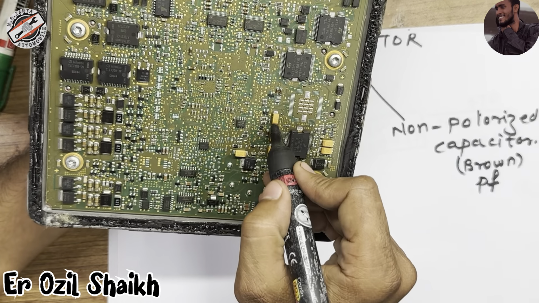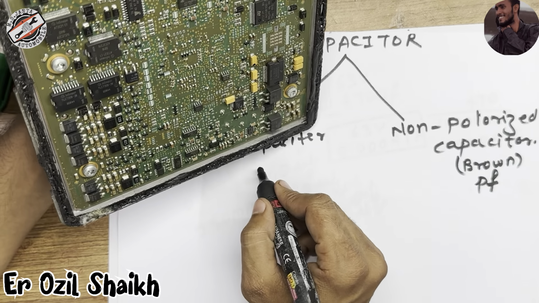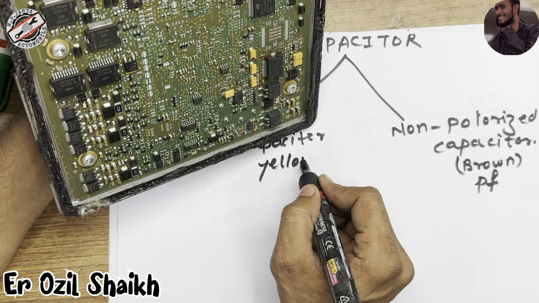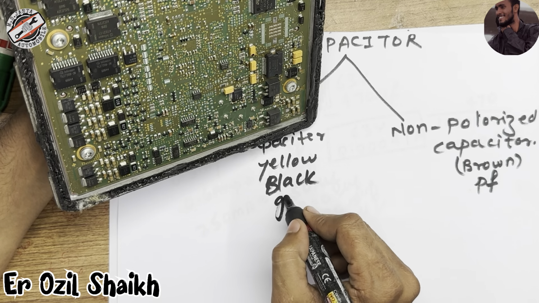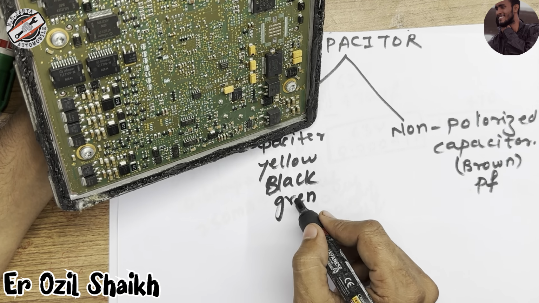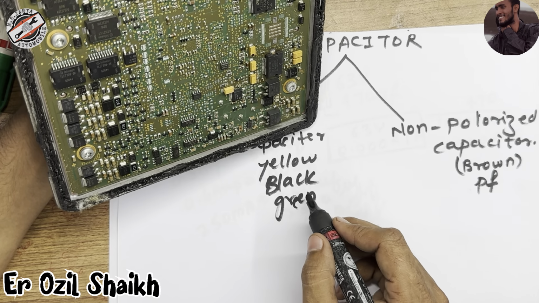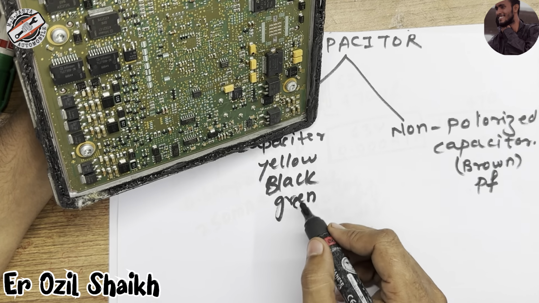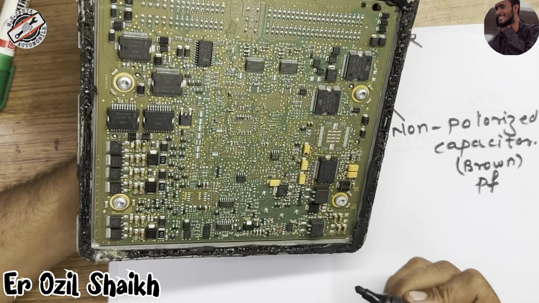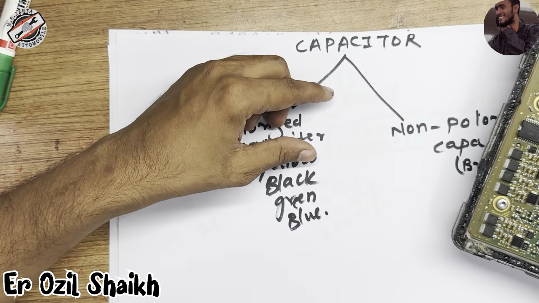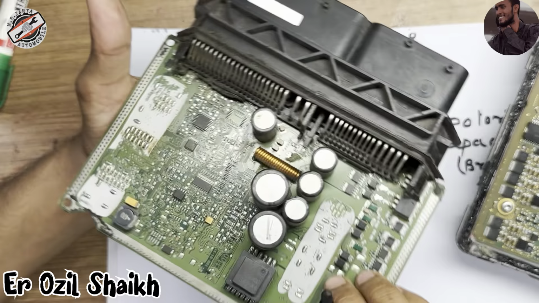A polarized capacitor has a pole. It can be yellow, black, green, blue, any color, but it has marking lines.